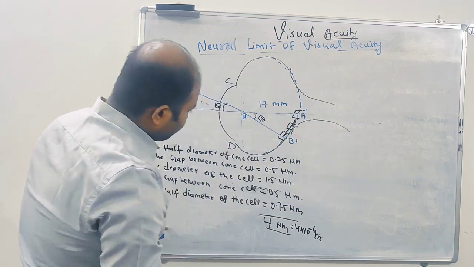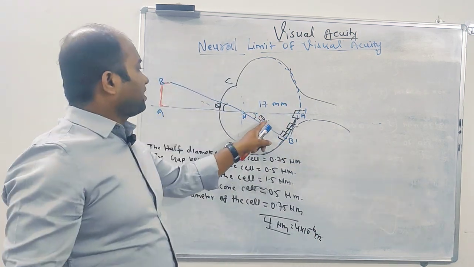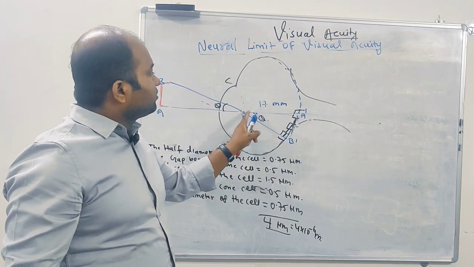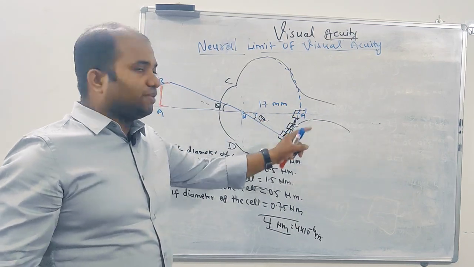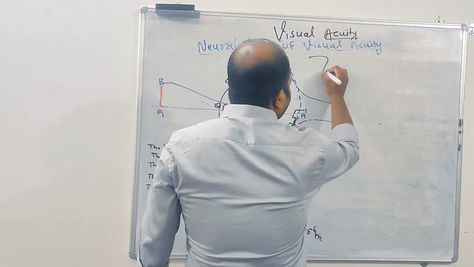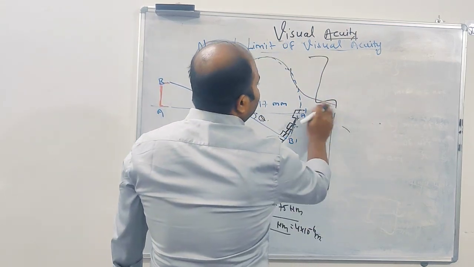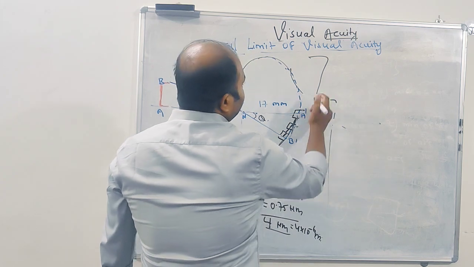Now I can apply the formula tan theta. If I want to find theta, tan theta equals opposite by base. Now just erase this optic nerve as of now.